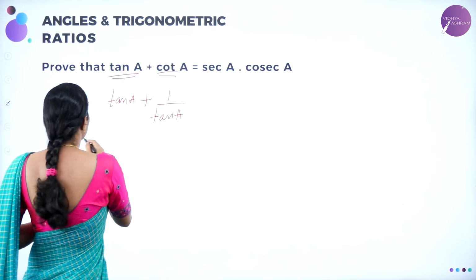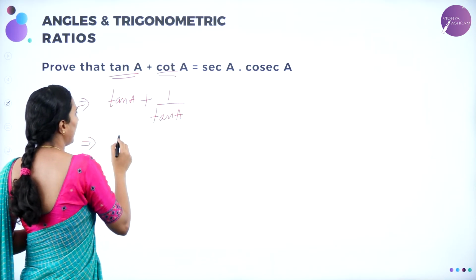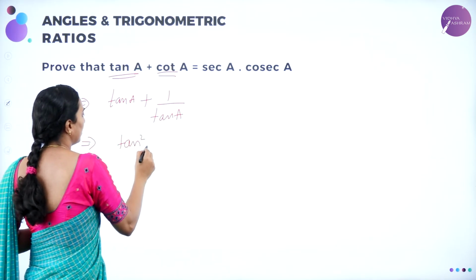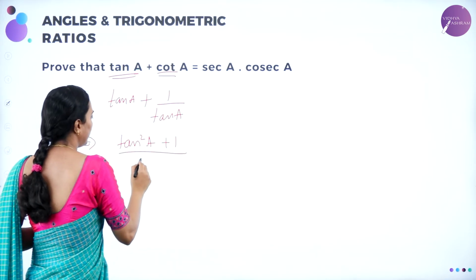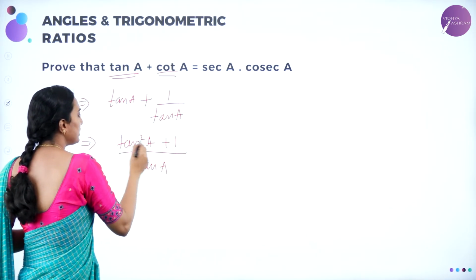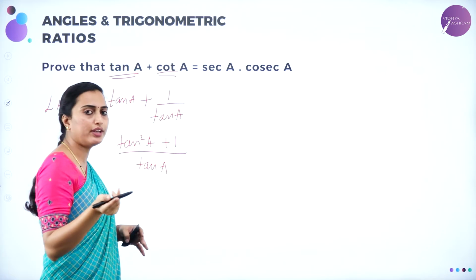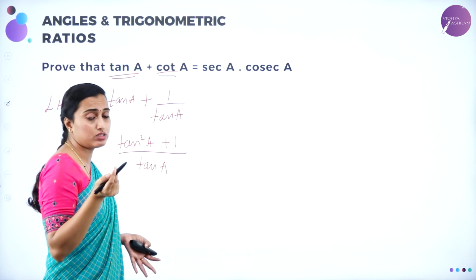You know that. Which implies tan A into tan A is tan squared A plus 1 divided by tan A. Now, what is 1 plus tan squared A? 1 plus tan squared A is nothing but secant squared A, isn't it?